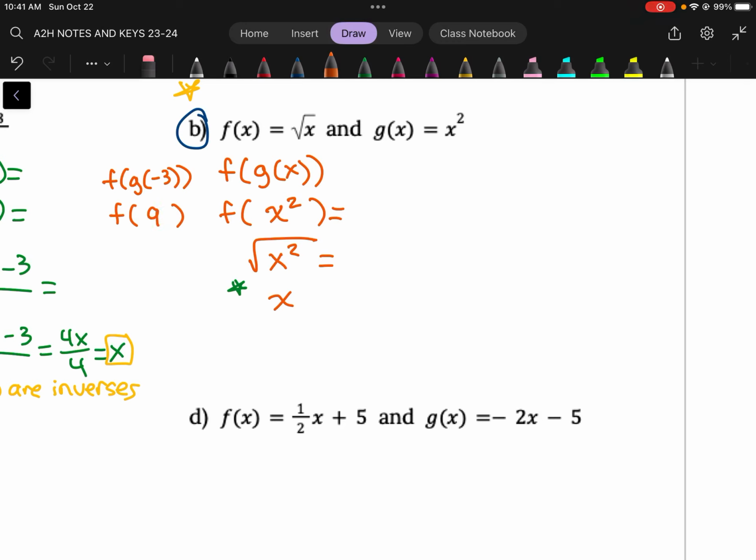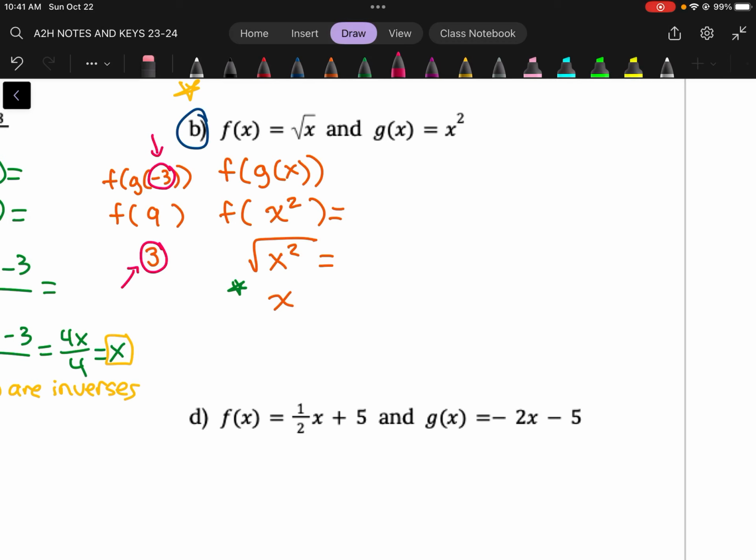Do we all agree negative 3 squared is 9? If you then apply f of 9, you get 3. Notice what happened here. When you plugged in negative 3, you got 3 out. In other words, this is not the same as this.